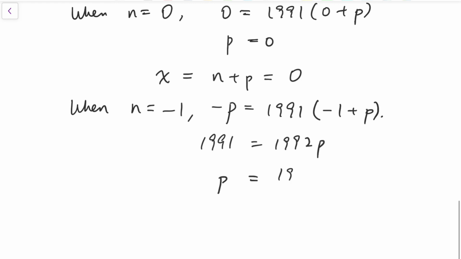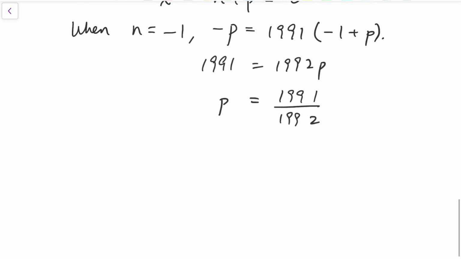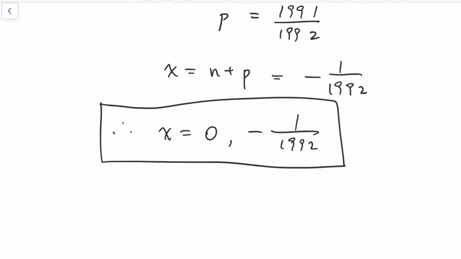And we have p equals 1991 over 1992, which is still valid because p is between 0 and 1. And altogether, x is n plus p, and that is minus 1 over 1992. And both are valid solutions. So therefore, x is either 0 or minus 1 over 1992. So this is the final answer.